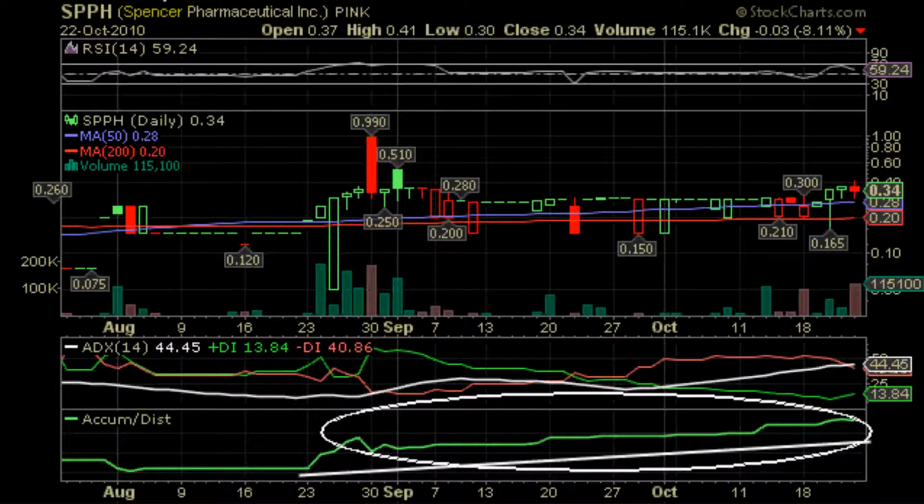Last but not least, what we're going to look at is the increase of volume in the month of October. As we can see, during the month of October, there have been many surges of volume, meaning someone's taking interest in this stock, and they're taking interest over a period of days instead of simply just one day.